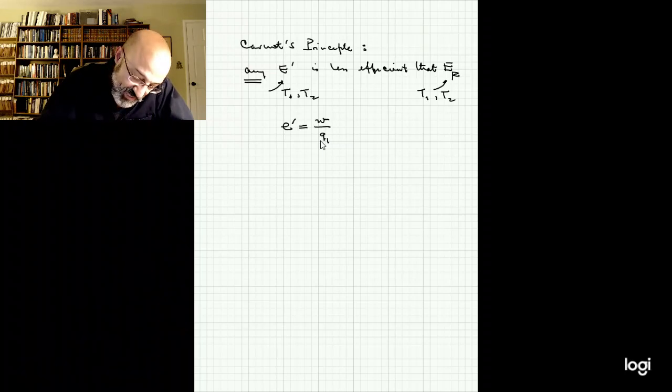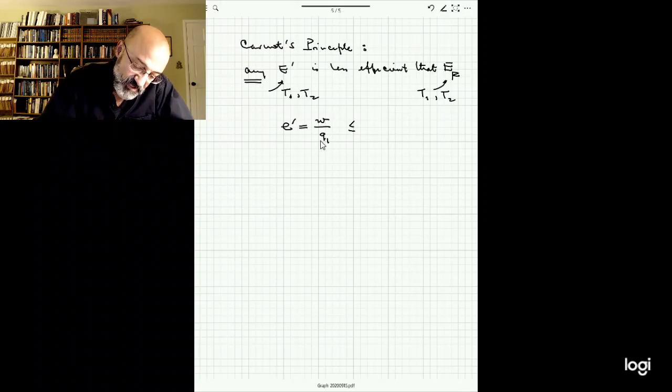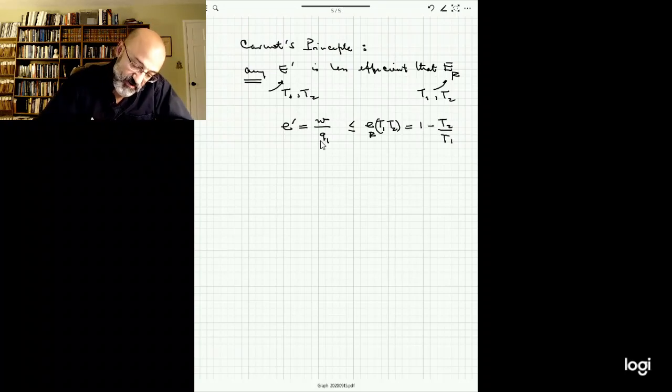And this is going to be less or equal than the efficiency of the reversible engine. There, that one. And the efficiency of this guy is 1 minus the low over the high. So here we're going to take one further step and say the efficiency is the work divided by Q1, which is equal to 1 minus Q2 over Q1.